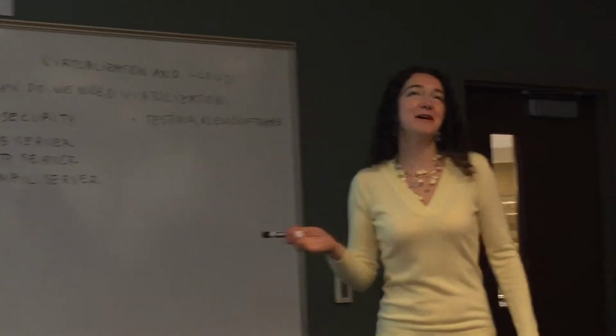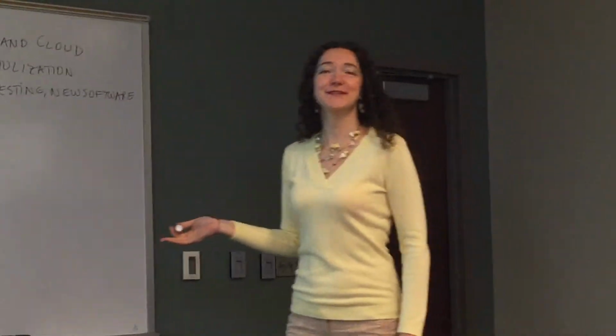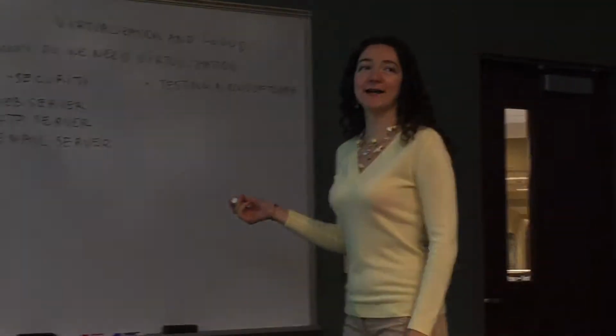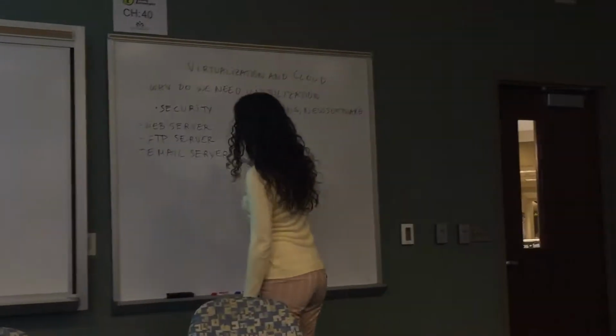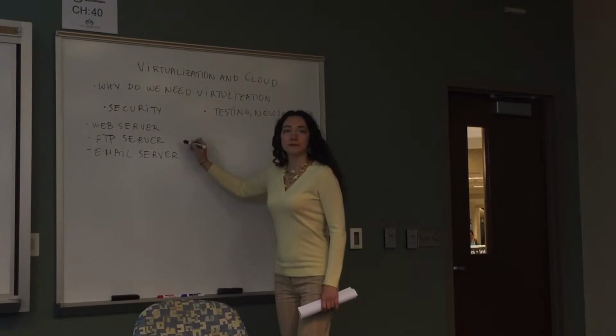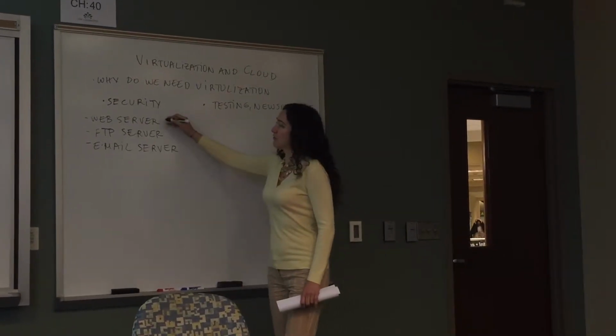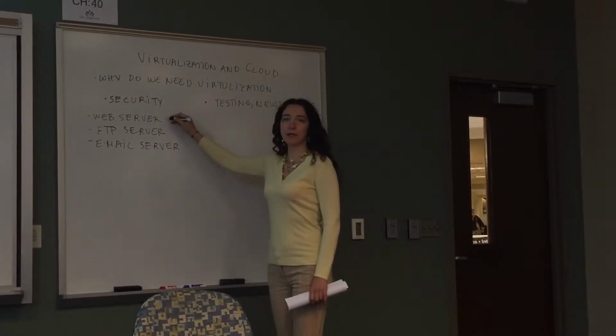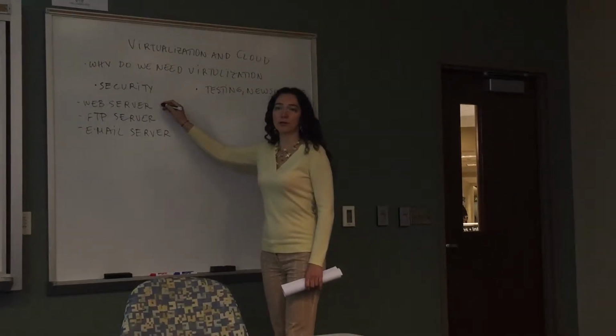If, let's say, we have a hacker or somebody compromised one of the servers, and just that server is no longer working. Let's say the web server doesn't work anymore.